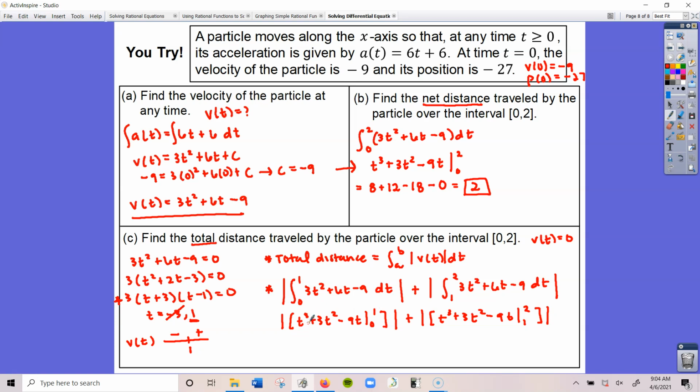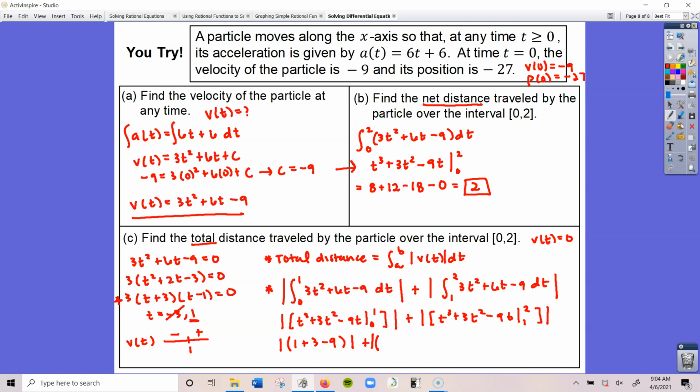When we plug in the 1, 1 to the third is just 1, plus 3 times 1. So we have here 1 plus 3 minus 9. And if I plug in 0, everything is just 0. Plus, now here we got to plug in the 2.